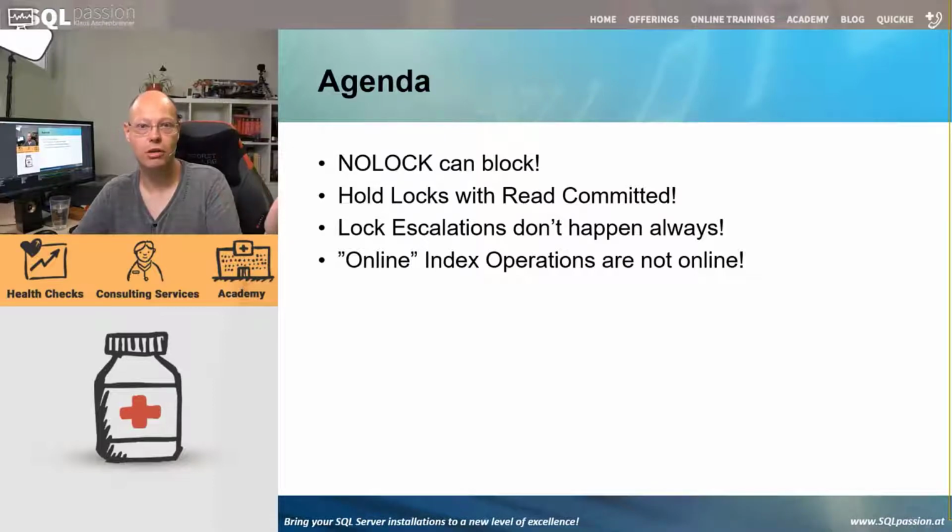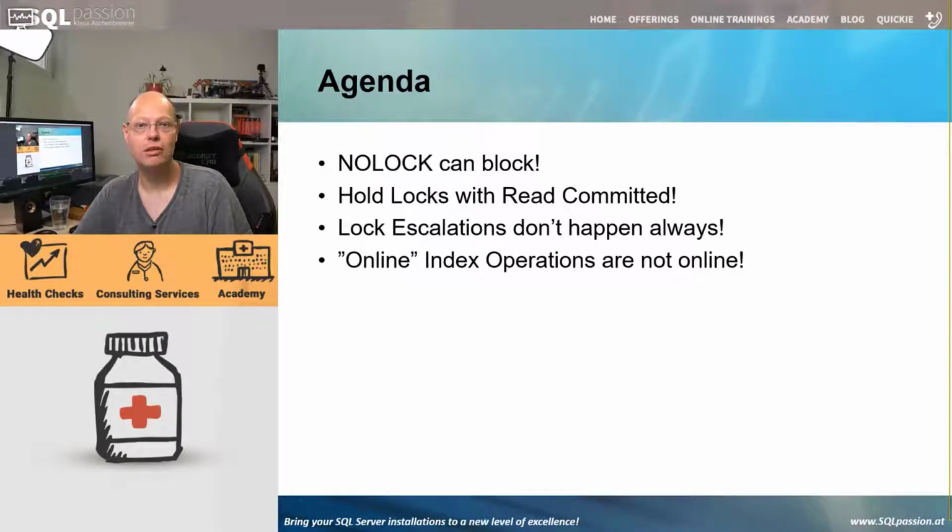So maybe a shared lock or an exclusive lock when you're changing data. That means your whole table is locked afterwards and nobody else can access that table for reading or writing anymore. And in that section, I want to show you an example of whether lock escalations always happen in SQL Server.